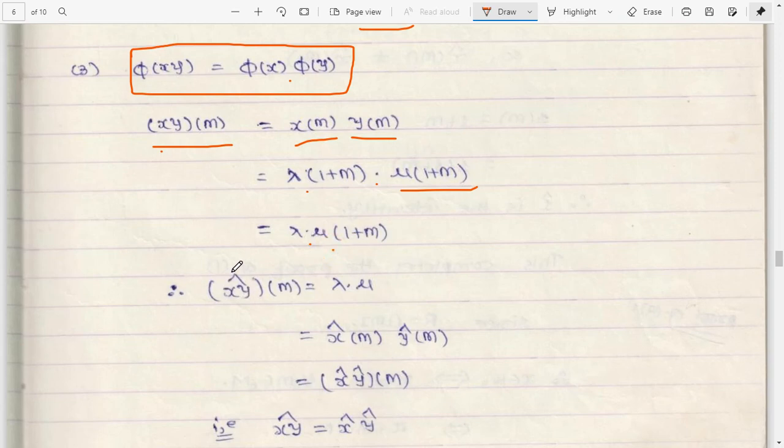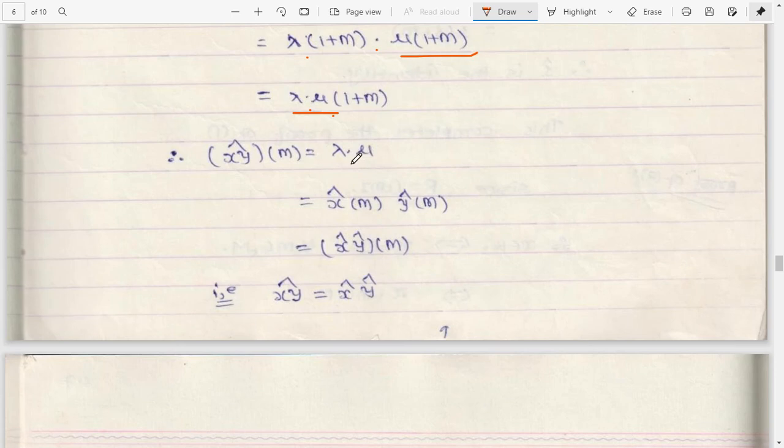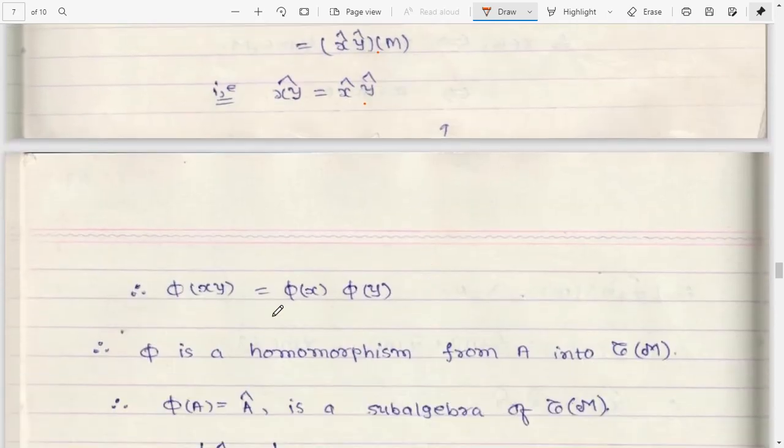Now x y cap of m is equal to lambda into mu by the definition, where lambda is equal to x cap of m and mu is equal to y cap of m. So this is equal to x cap into y cap of m. So x y cap is equal to x cap into y cap. So phi of xy is equal to phi of x into phi of y.